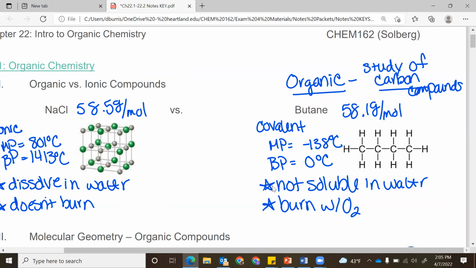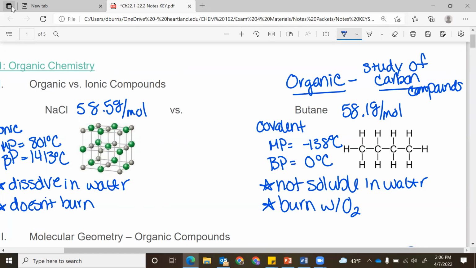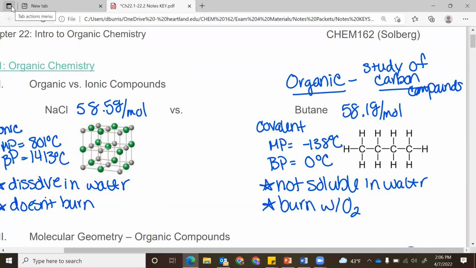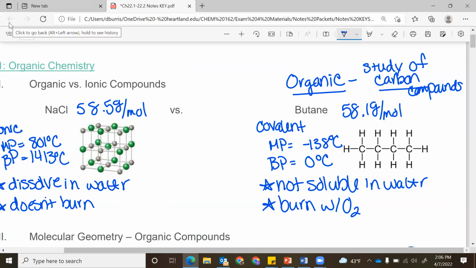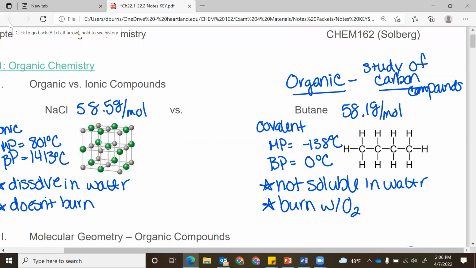So why do you guys think carbon has its own chemistry? Yes, Troy, what do you think? Because it makes 4 covalent bonds. That is one reason it's very special. It always makes 4 covalent bonds. Absolutely. Carbon is the basis of life. Yes, we are carbon-based life forms, right?